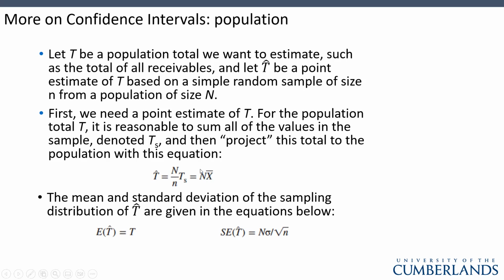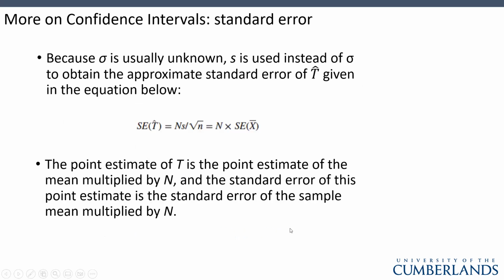The mean and standard deviation of the sampling distribution of T are given in this equation below, as you can see here, and as you can see here. Because sigma is usually unknown, S is used instead of sigma to obtain the approximate standard error of T given in the equation below, as you can see here.